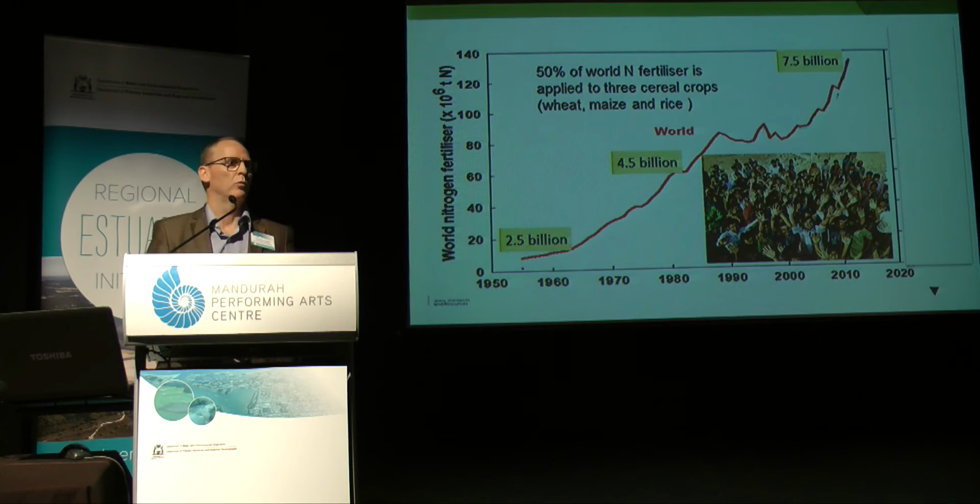Many of you would be familiar with the stories of the Green Revolution, which kicked off in around 1960 and went through to about the 1980s or thereabouts. That was primarily around enhancing our agriculture through improved plant breeding processes, but very much about the input side of the equation.